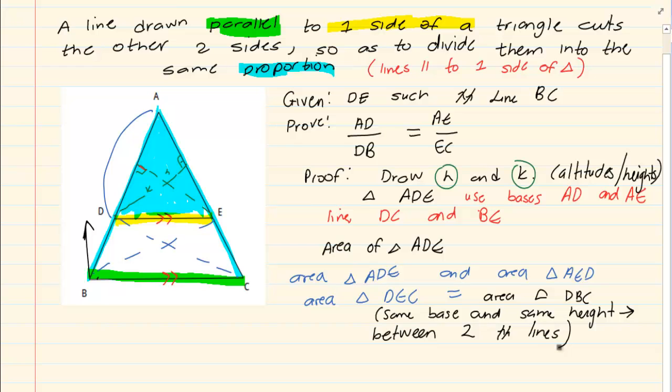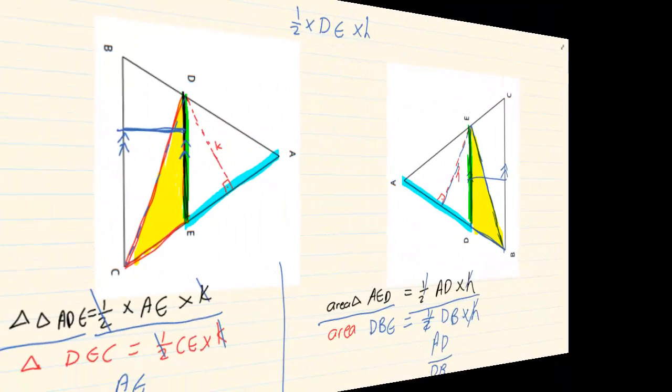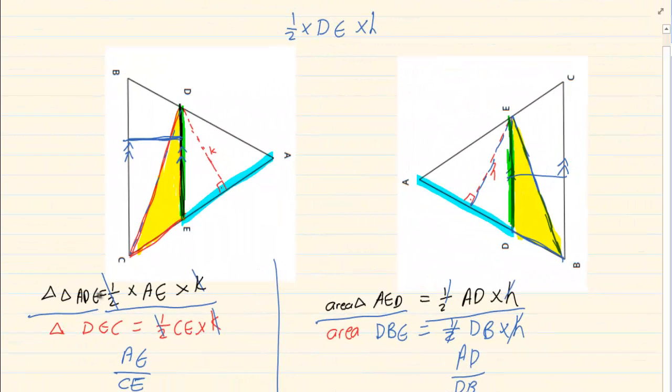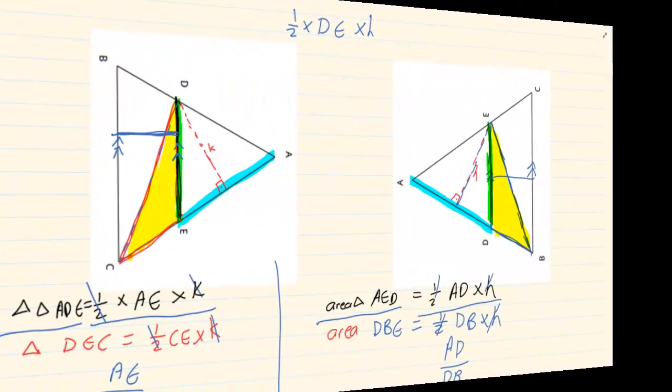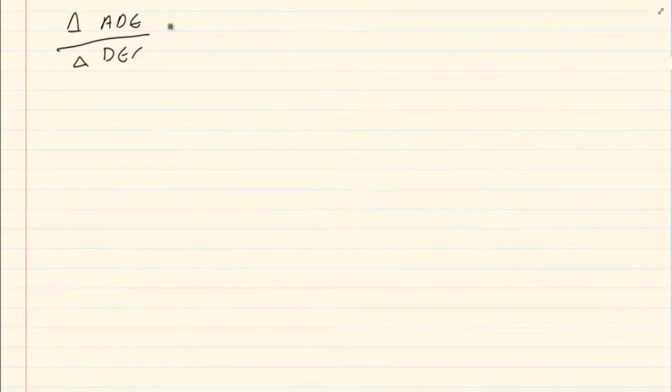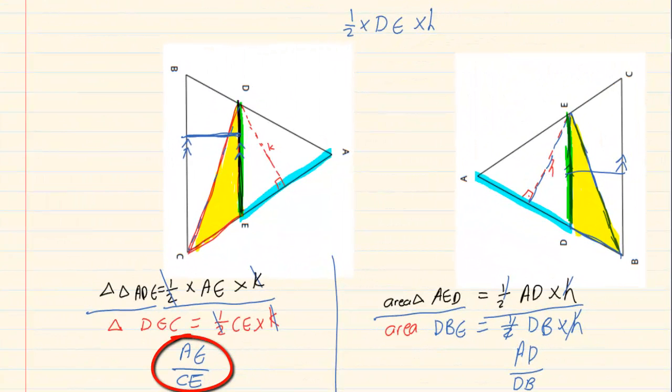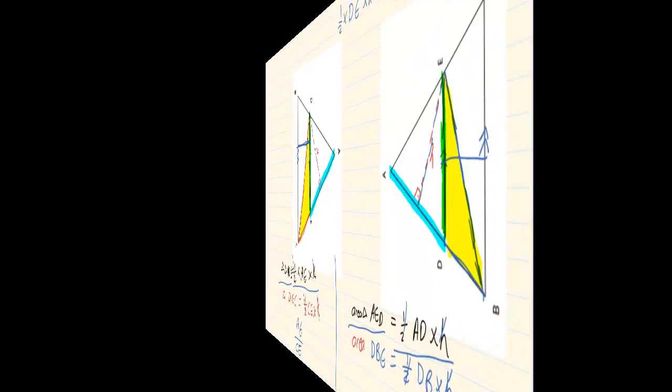If those areas are the same, let's go back to what we've done. We know when we have triangle ADE and triangle DEC, triangle ADE over triangle DEC, we simplify this simply by linking it to its bases, which gave us AE over CE.